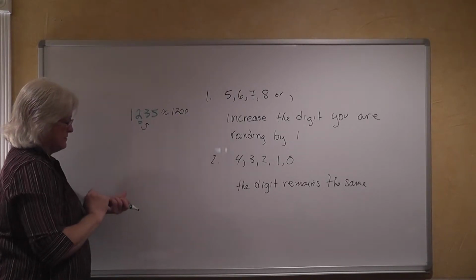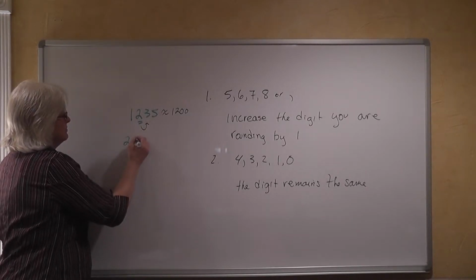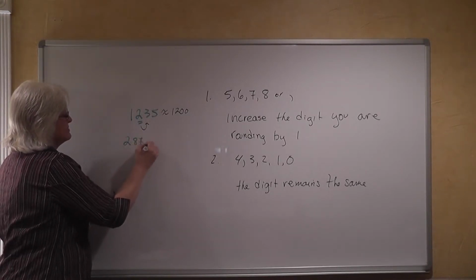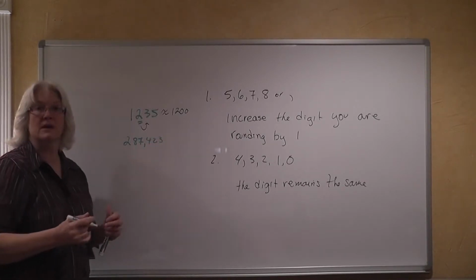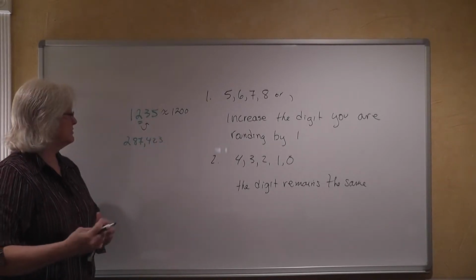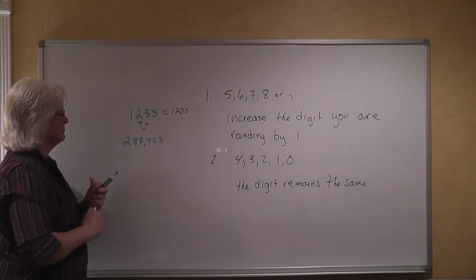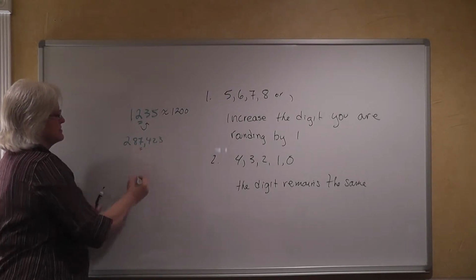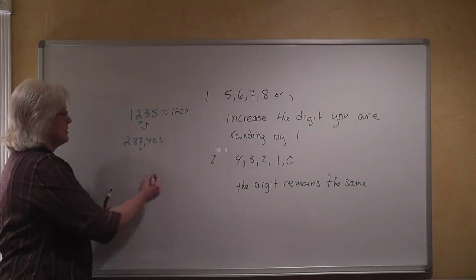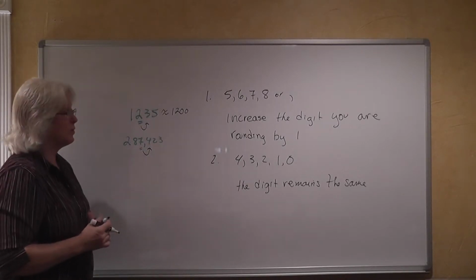What if we had 287,423 and they ask us to round to the nearest thousand here? We're going to round to the nearest thousand. Look at the digit to the right of it. The digit is a 4.